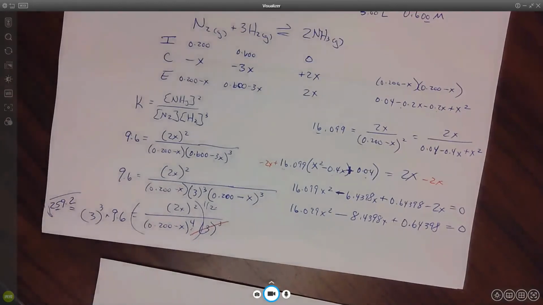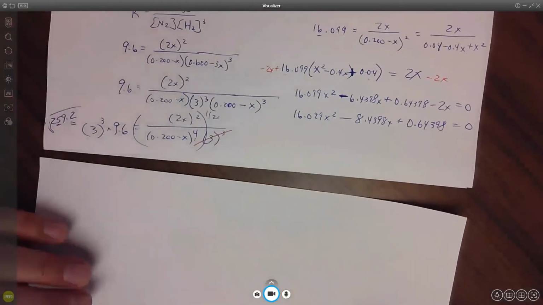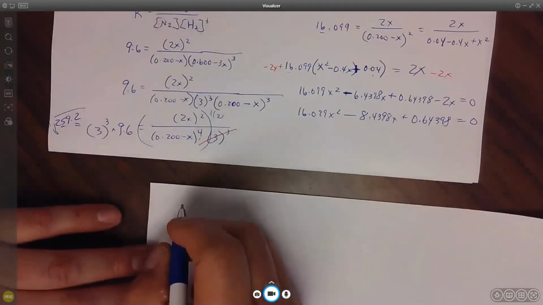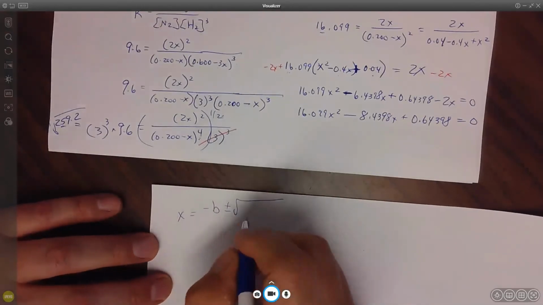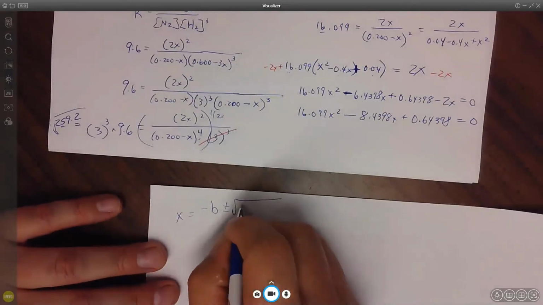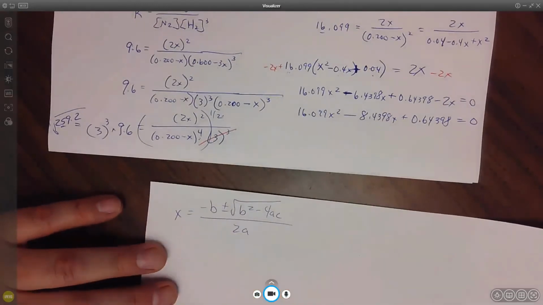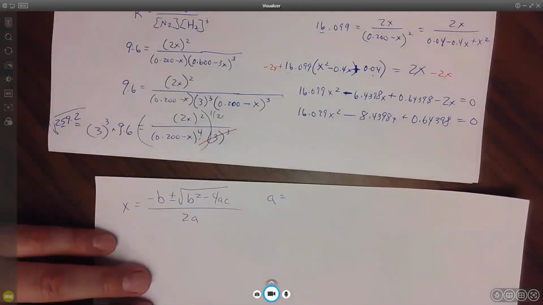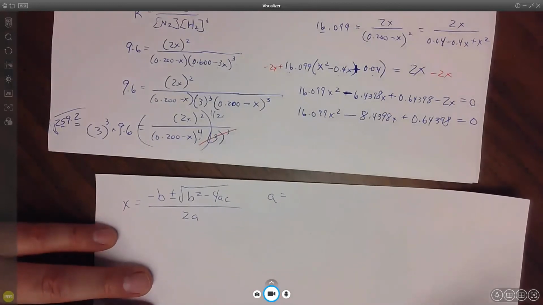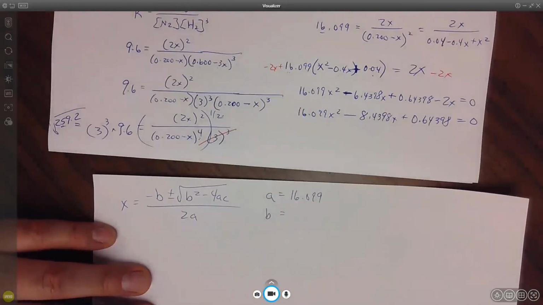Okay, so now we have it in the quadratic form, right? Now we're going to use the quadratic formula. So x is equal to negative b plus or minus the square root of b squared minus 4ac, all over 2a. What is my value of a? 16.099. What is my value of b?